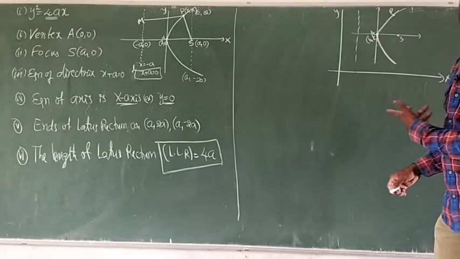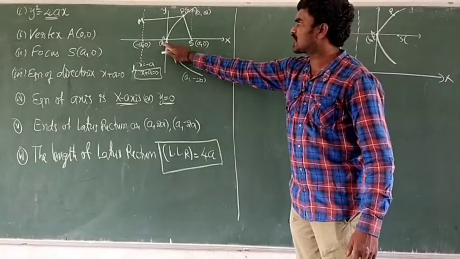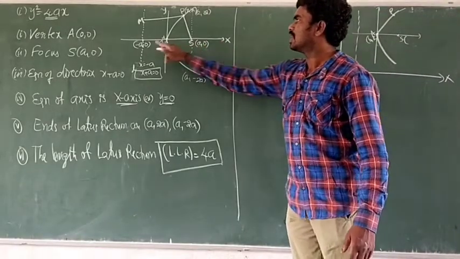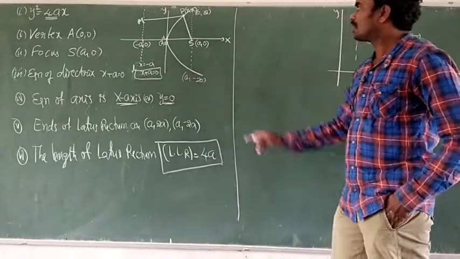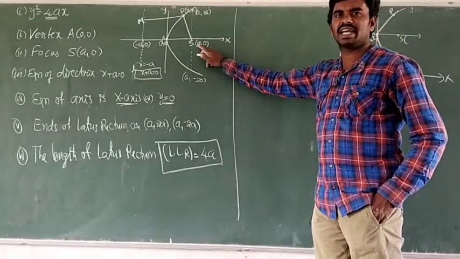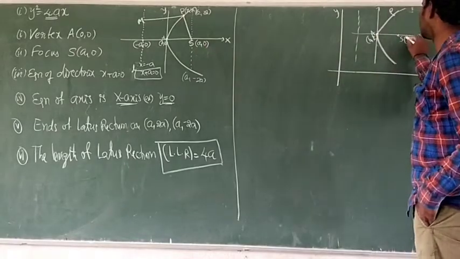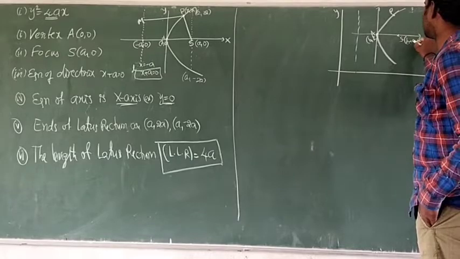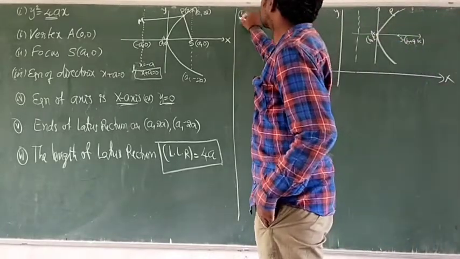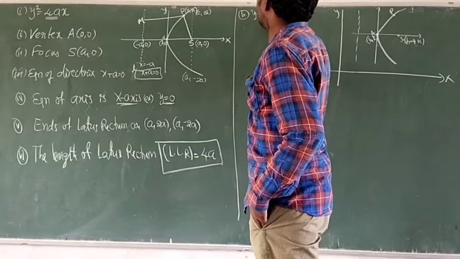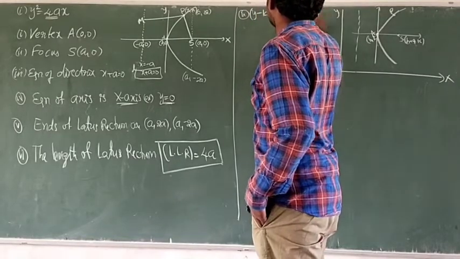So how can we write this? Very simple. To each and every term add h, k. For the x coordinate take h, for the y coordinate take k. So we get h plus a, k. The second one: y minus k whole square equals 4a times x minus h.